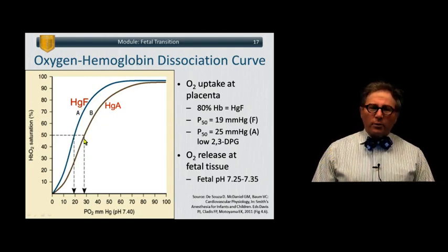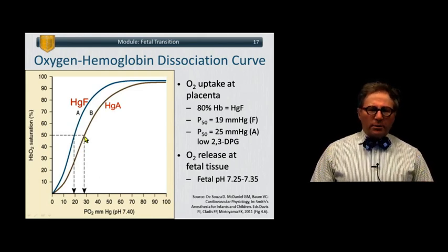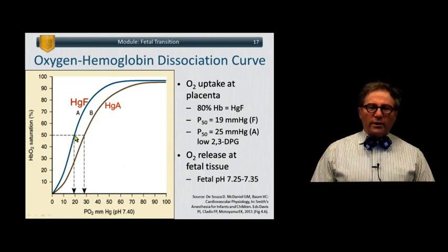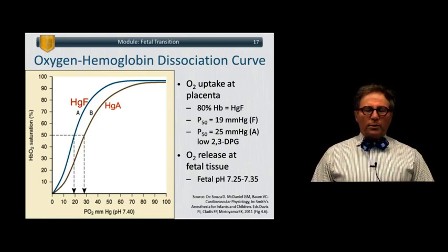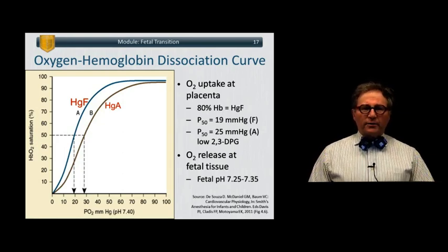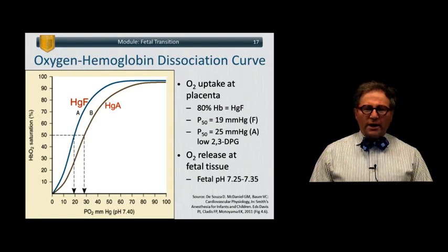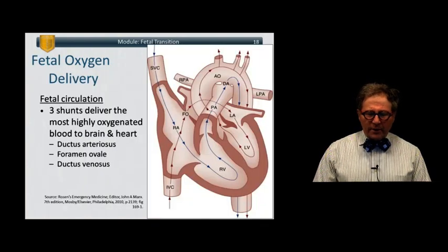The most notable difference that we are often asked about is the difference in the P50, being 27 in hemoglobin A and only 17 or 19 with hemoglobin F. This left shift of the oxyhemoglobin dissociation curve in the fetus ensures delivery of oxygen even at low oxygen tensions.